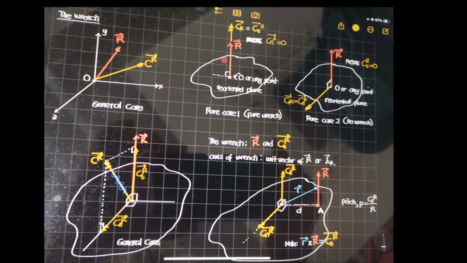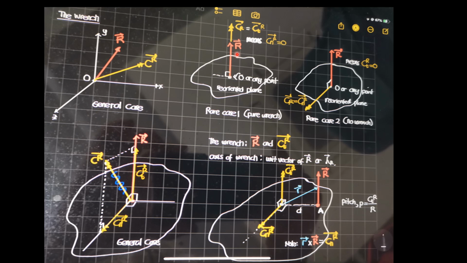So it means that the resultant couple is equal to the tangential component, or the orthogonal component, of that couple. This C sub R here is equal to this orthogonal component, which is along the direction of this force here.